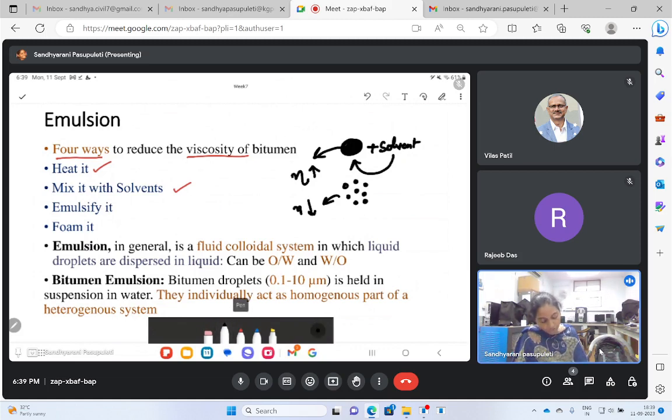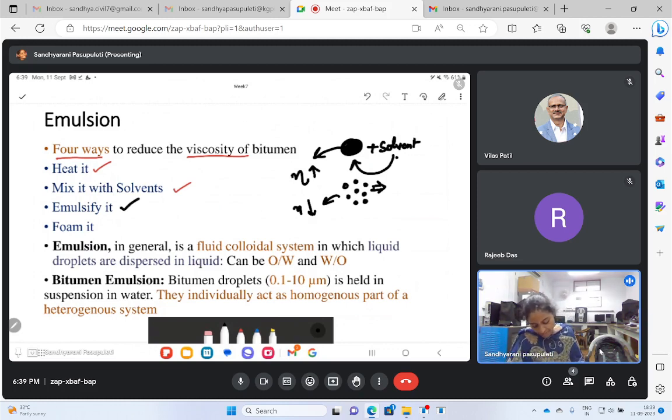So we use some solvents, thereby the bitumen particle size will be reduced, and the viscosity can be reduced. Why do we need to reduce the viscosity? Finally our aim is to add this bitumen to the aggregate, so that the bitumen will go and completely coat the aggregate surface.